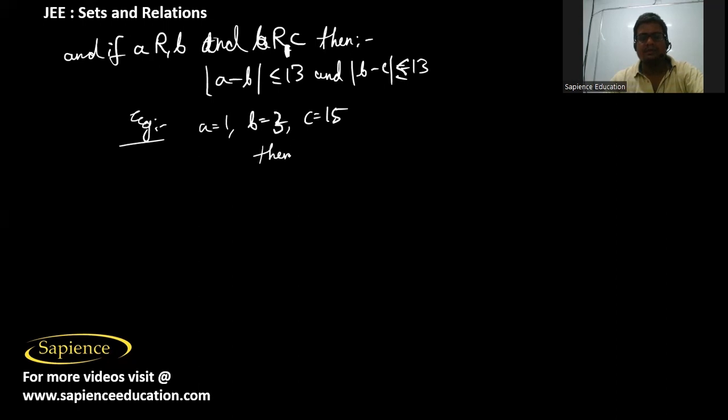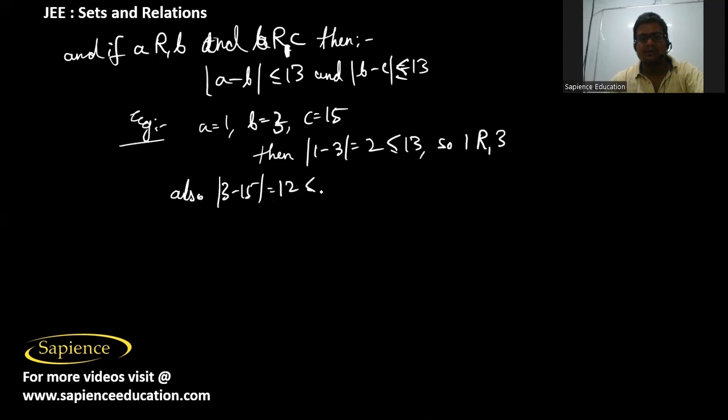Then mod of 1 minus 3 is equal to 2, which is less than or equal to 13. So I can say 1 is related to 3 under the relation R1, and also mod of 3 minus 15 is equal to 12, which is less than or equal to 13.